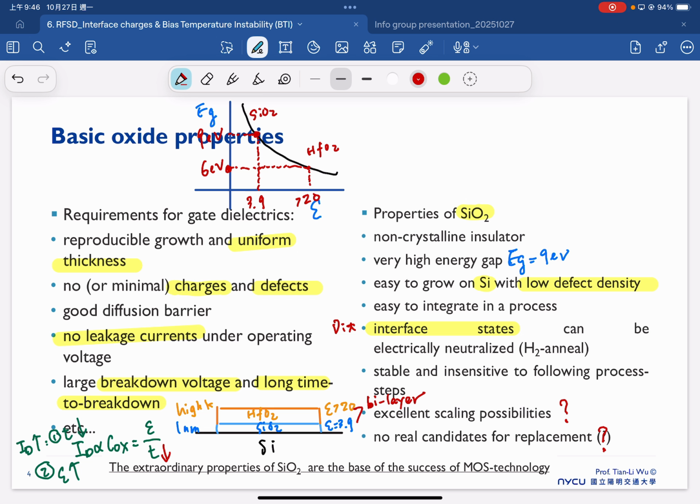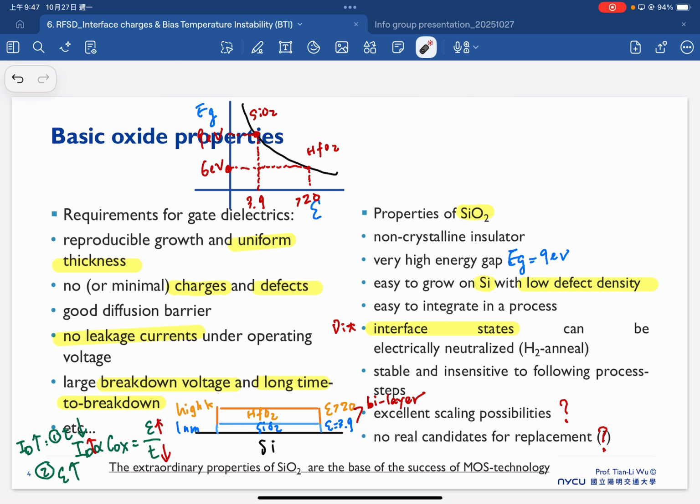So that's why there are two possible ways to increase the current. One is to reduce our oxide thickness. Another one is to increase our dielectric constant. So in the end, we hope to find a material that has a high dielectric constant.